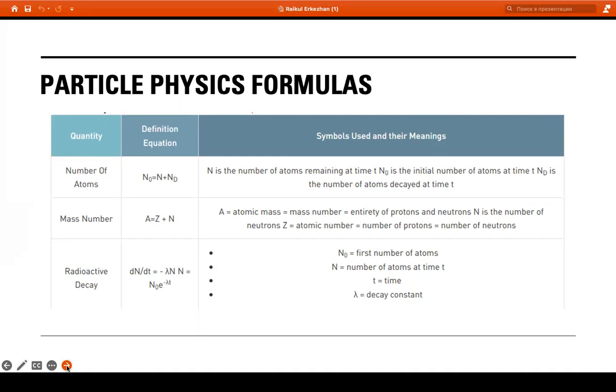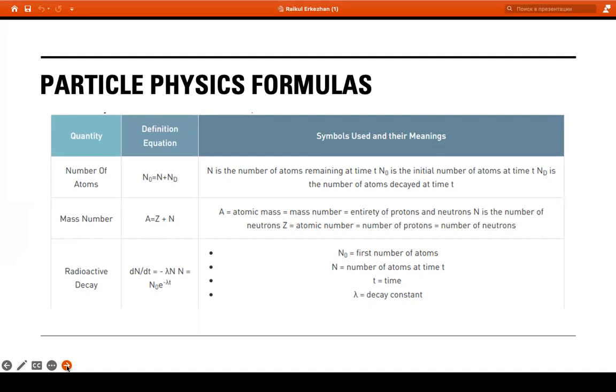Mass number: A equals Z plus N. Here A is the atomic mass number, N is the number of neutrons, and Z is the atomic number, or number of protons.